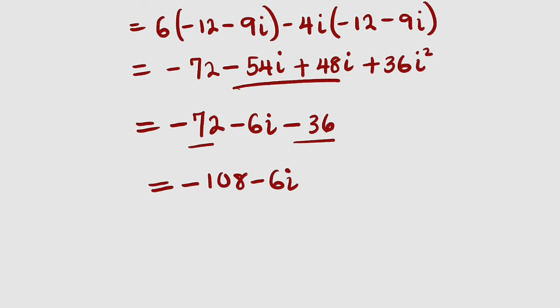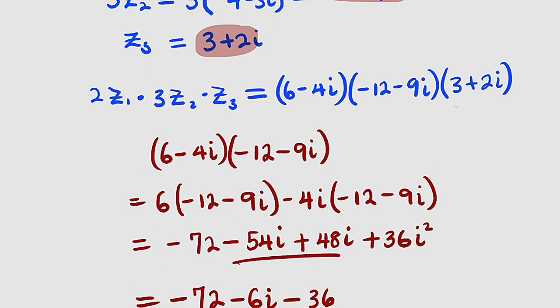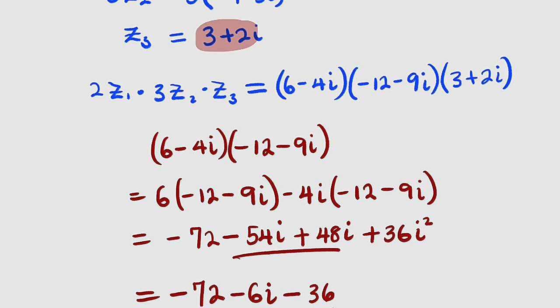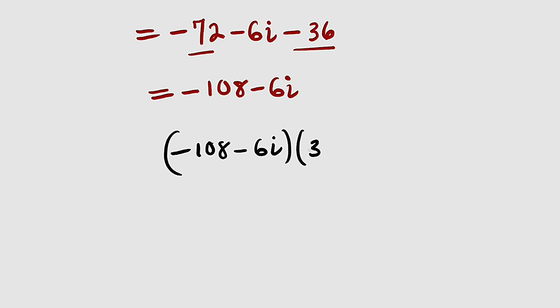But remember, we are not done yet. We have to multiply by the last factor, which is 3 plus 2i. So finally we take negative 108 minus 6i from the result, then we multiply by the other factor, 3 plus 2i. So now after we have expanded this, we are good to go.